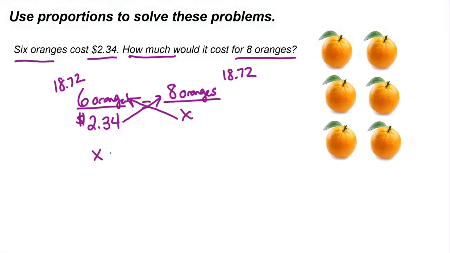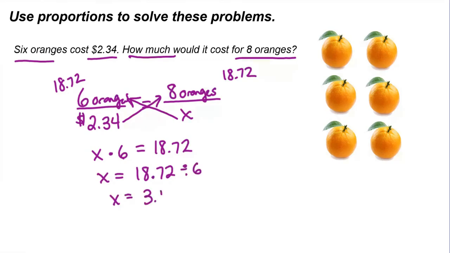So now I'm thinking, what times 6 would give me 18.72? Again, to find out, I'm going to divide 18.72 by 6, and I get 3.12. So my missing value here is 3.12.